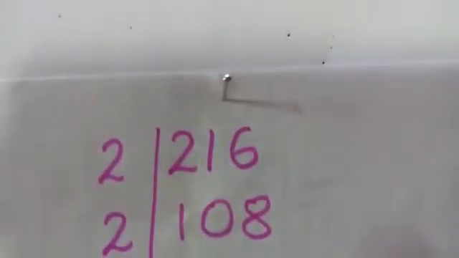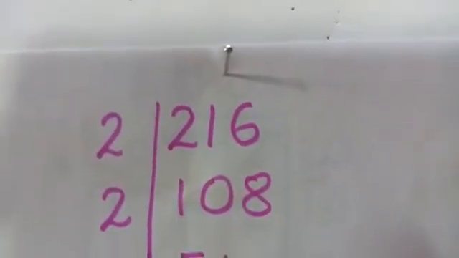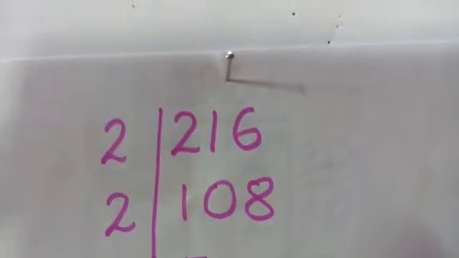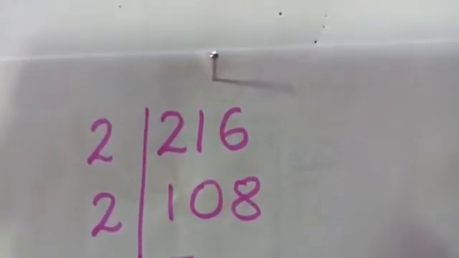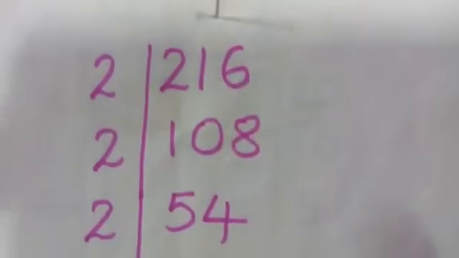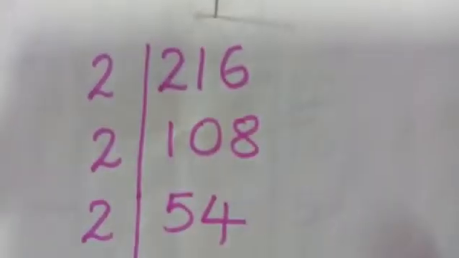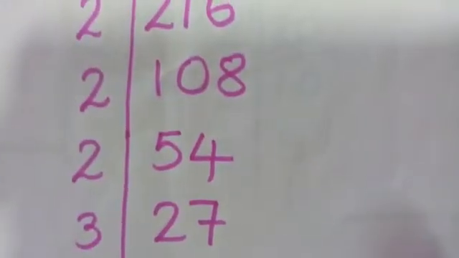When we divide it by 2, we get the answer 108. 108 again is an even number. 8 is there in the units place, so it can be divided by 2. We get the answer 54. 54 is again an even number, so it is divided by 2. We get the answer 27.